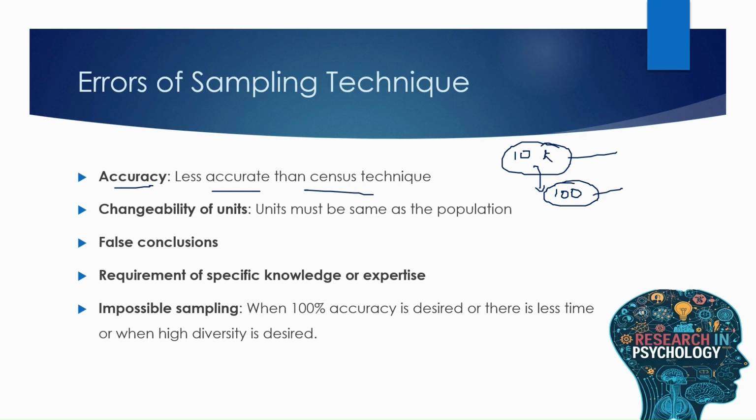All right, so the first error would be that the result may be less accurate than the census technique. Secondly, changeability of units, right? In a survey research, the concept of units means the individual items or elements being studied, right? Every single individual in the population or in the sample is a unit.